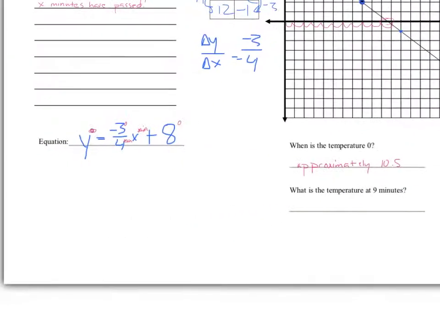If you plugged this in, my temperature y is equal to 0, negative 3/4 x plus 8. Add a negative 8 to both sides, you get negative 8 is equal to negative 3/4 x plus 0, so that cancels out. And then multiply by the reciprocal, 4 over negative 3.